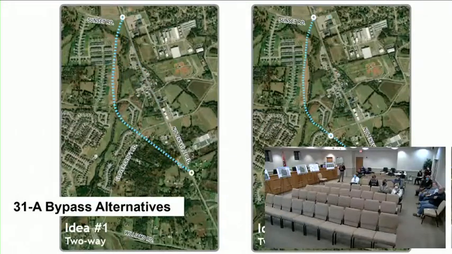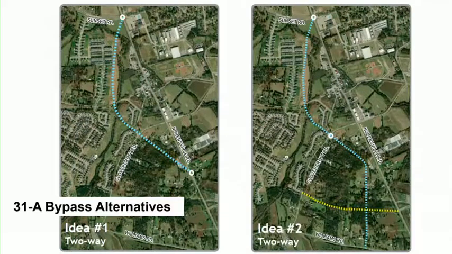So all this works together. When we talk about what your preferred cross-section for Nolensville Road is from one end to the other, that has to work with what concept you prefer for a bypass, if there is one, so that you're not just funneling everybody back down into some tight situation. So, yeah, I think it's a great point.